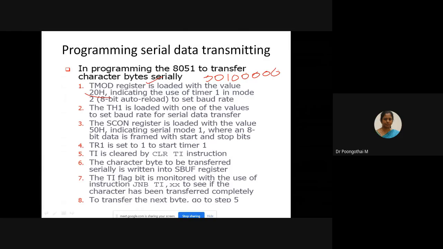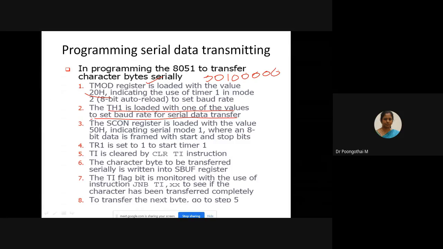So the first step is the TMOD register is loaded with 20, indicating the use of timer 1 in mode 2 to set the baud rate. Next, TH1 is loaded with one of the values to set the baud rate, either for 9600 or 4800.